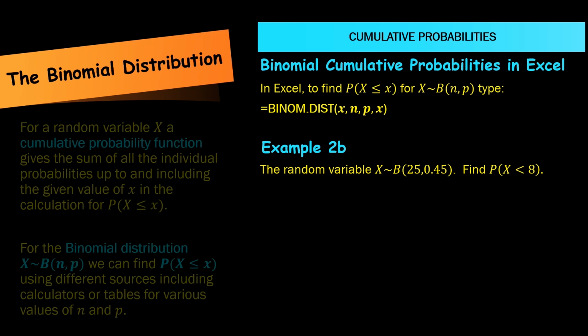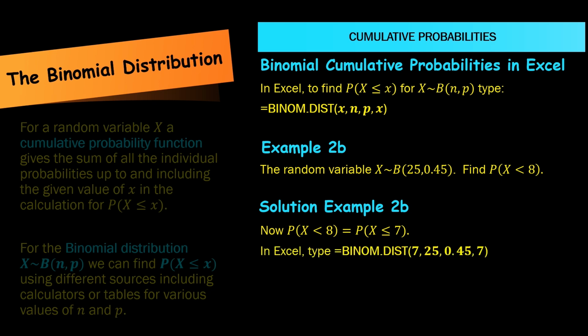And now let's solve example 2 part B. In the same distribution for x, we're required to find the probability that x is less than 8. So let's solve this. Notice that probability x less than 8 is actually equal to probability x less than or equal to 7 in this example.